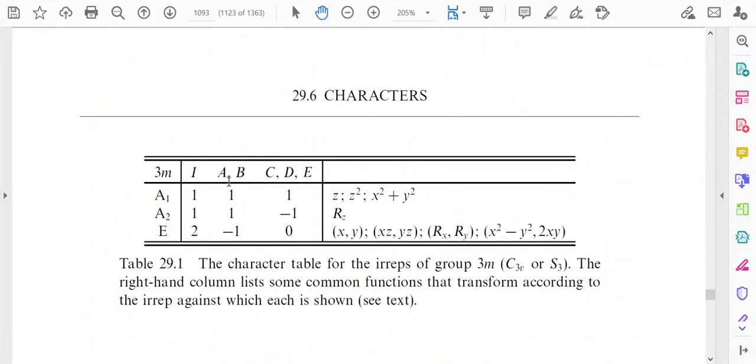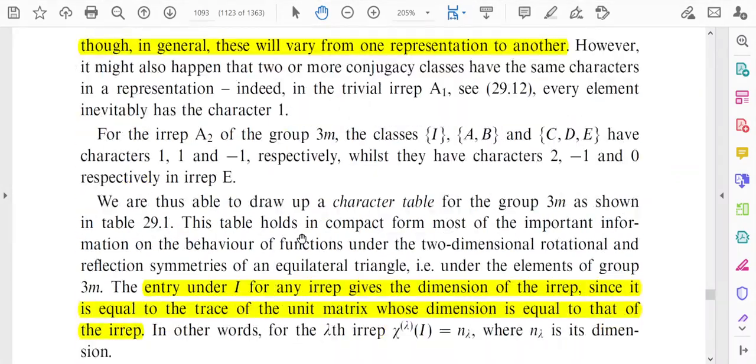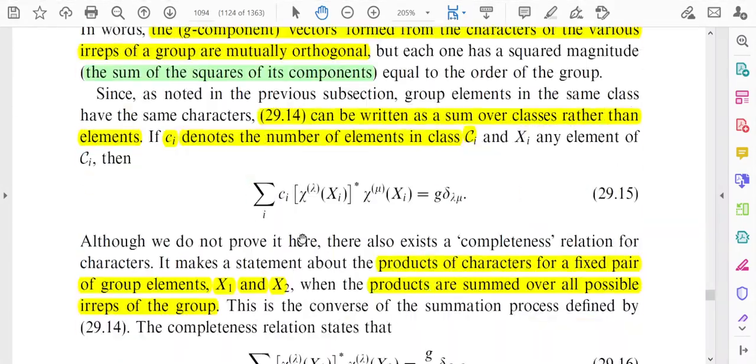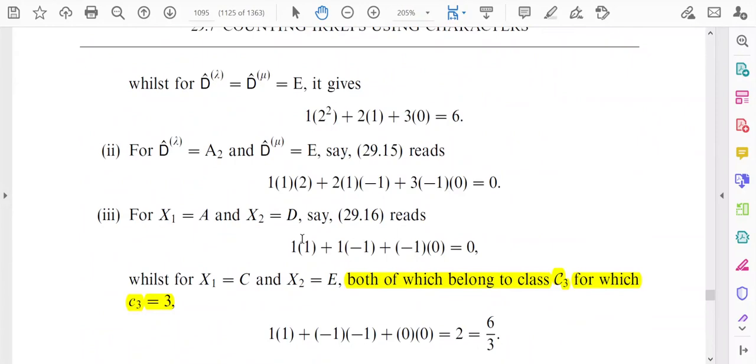A is in this particular class, and D belongs to this class, so A and D come from two different classes. As the sum is over different representations, we have to multiply 1 into 1, then plus 1 into minus 1, then plus minus 1 into 0, in this way. So that we have written, but as per the definition the right hand side should be 0, which is expected.